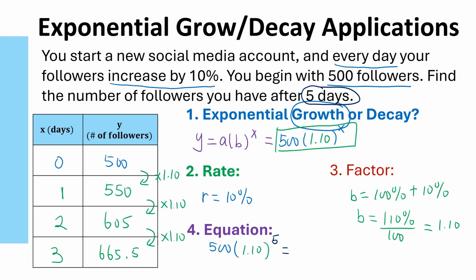So we have 500 times 1.10 raised to the 5th power, which is going to give you 1.61051, and multiply that by 500. So after 5 days, you're going to have a total of approximately 805 followers.